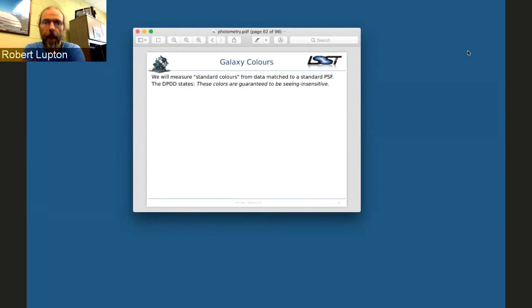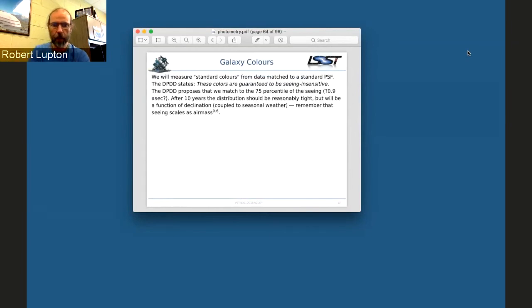Okay, galaxy colors. So we have said we will measure standard colors, it may be spelt wrong in the DPDD, matched to a standard PSF. And as we point out, these are seeing insensitive. We propose that we match the 75th percentile of the seeing and guess that will be 0.9 arc seconds. Now, after 10 years, that distribution will be tight at any point in the sky, I think.